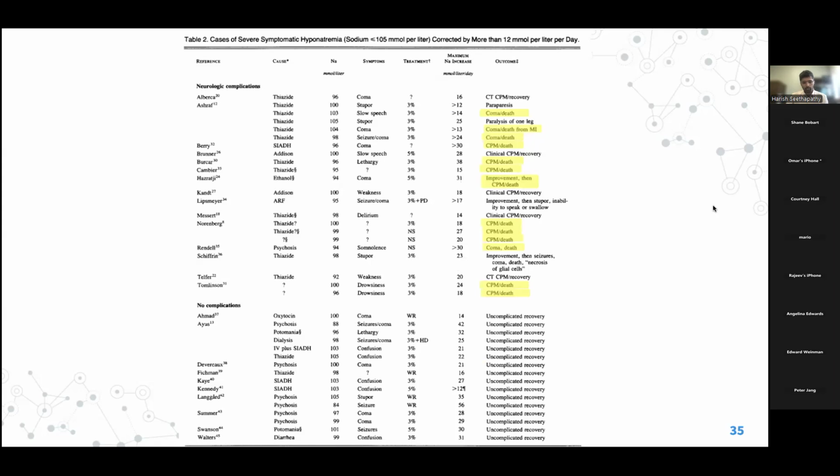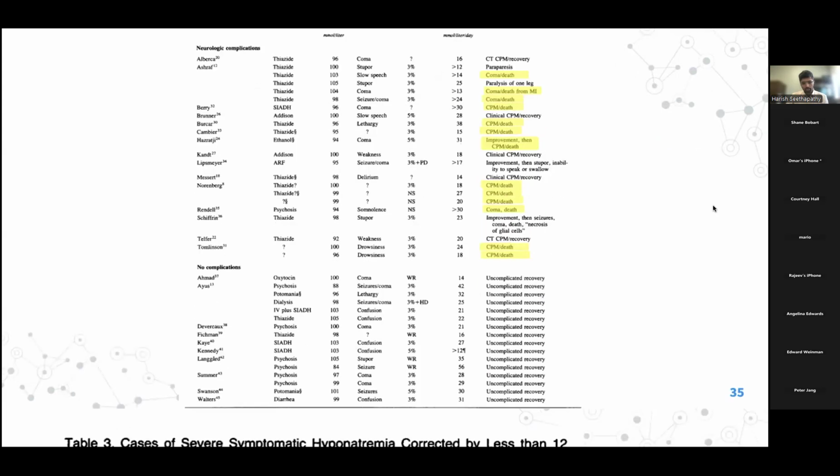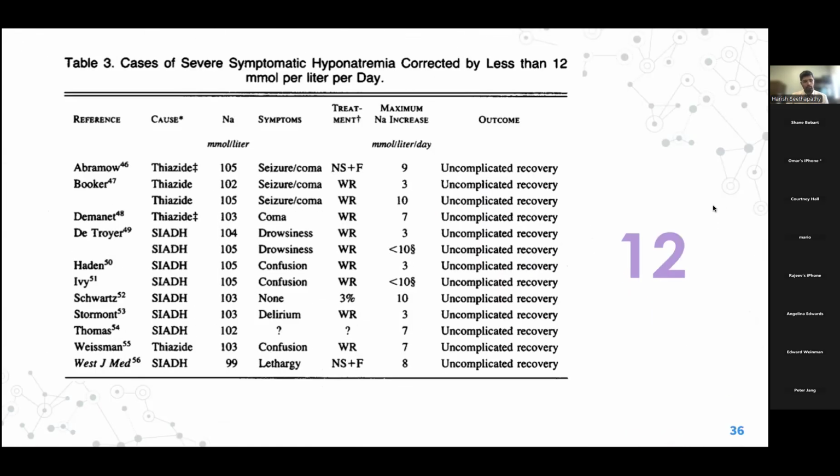And they divided them into those who had neurological complications and those who didn't. And they found that, in those who did have neurological complications, the rate of correction was pretty high, whereas in those who did not have neurological complications, the rate of correction is definitely lower than 12 per 24 hours. And if you corrected more than that, your chances of ODS was much higher.